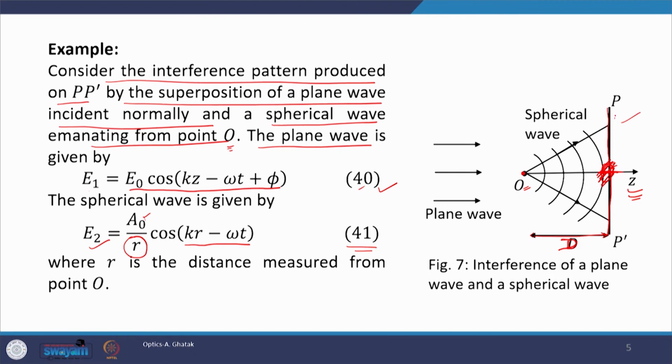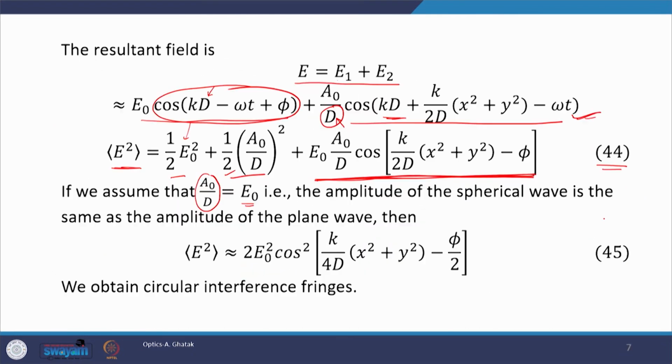P P prime is this screen. Under this assumption, we can replace A naught by d with E naught. With this, equation number 44 reduces to equation number 45.